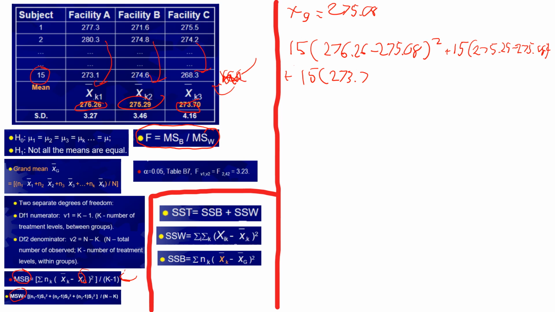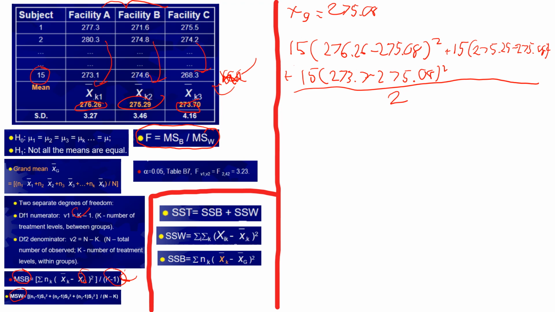That was just for the other example. Minus 275.08 squared. Divide all of this by k minus 1. If you remember, k is our number of groups, so we have 1, 2, 3 groups, 3 minus 1 over 2. Let me plug this in my calculator really quick. No, man, this is so much.